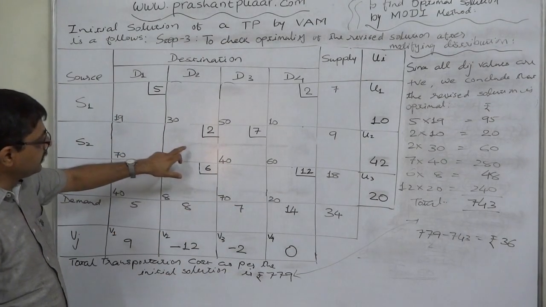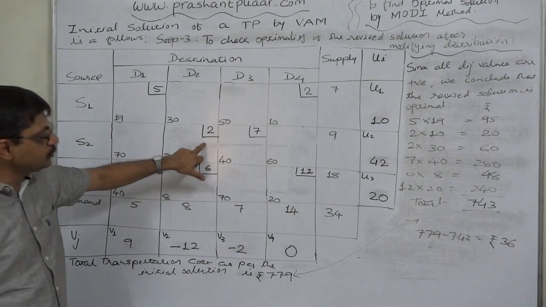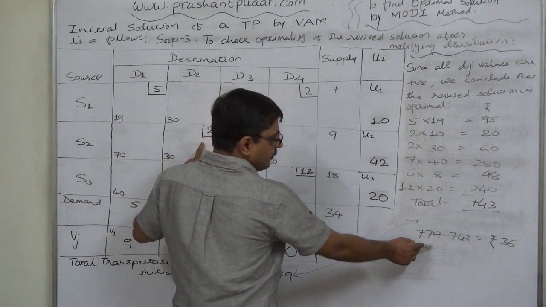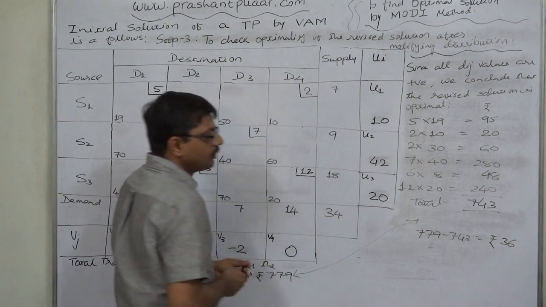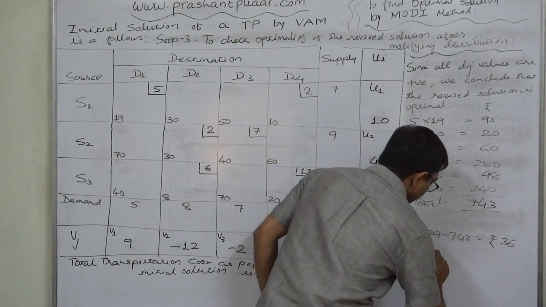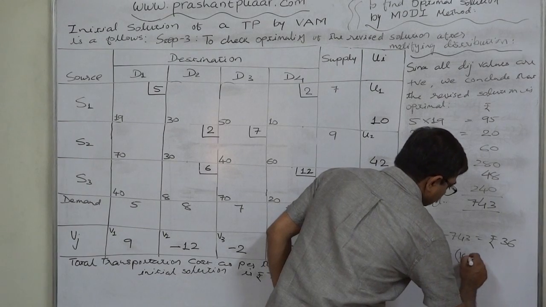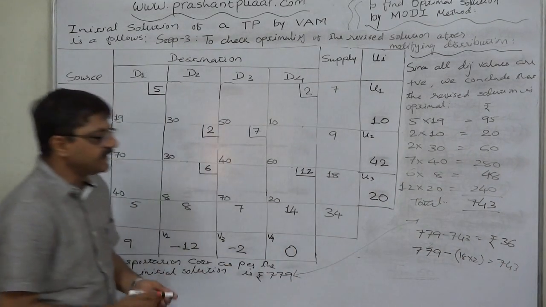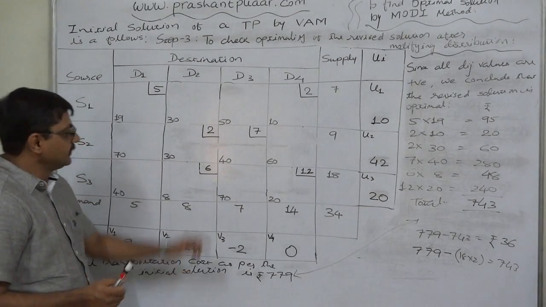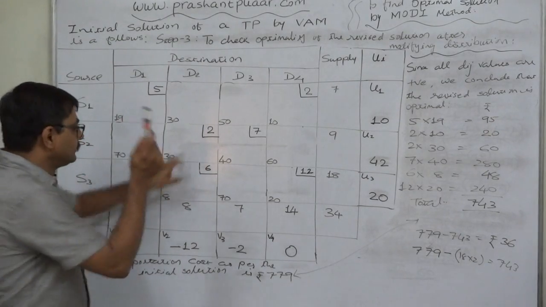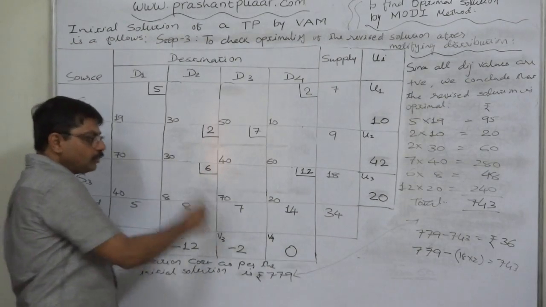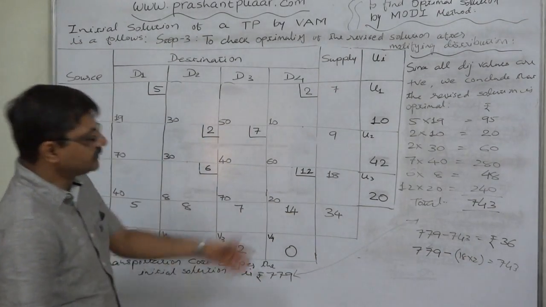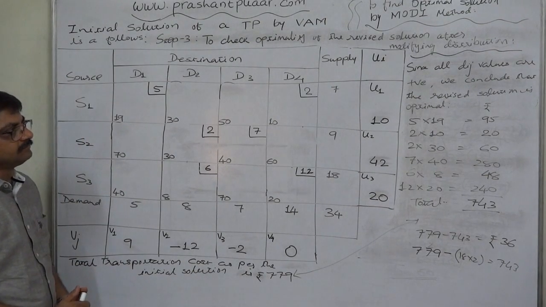And now what has happened? Minus 18 into 2 is minus 36. 779 minus 36 equals 743. The cost has decreased by 36. So this is the optimal solution. Thank you.